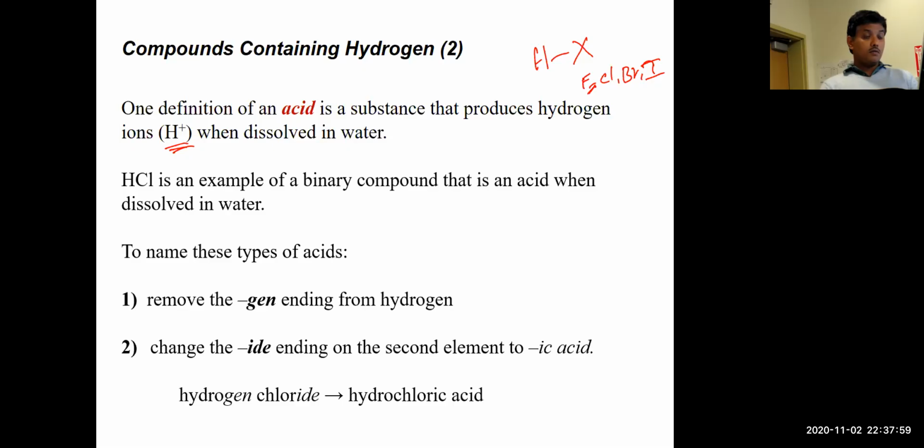You change the first element, hydrogen, to "hydro" by removing the "gen" from hydrogen, and you change the second element's "ide" ending to "ic acid". So instead of saying hydrogen chloride, which looks less scary, you say hydrochloric acid.